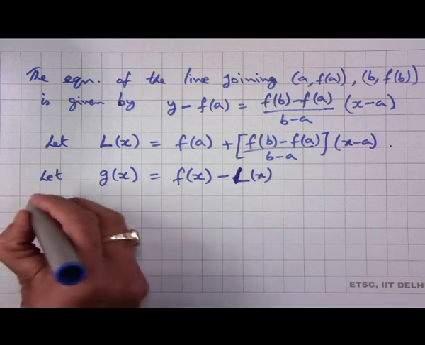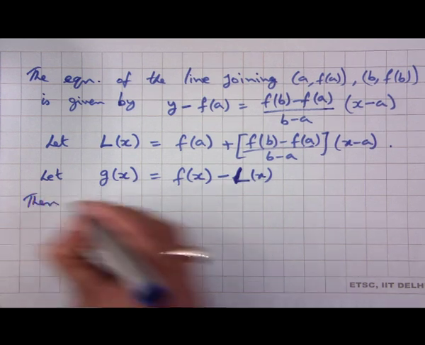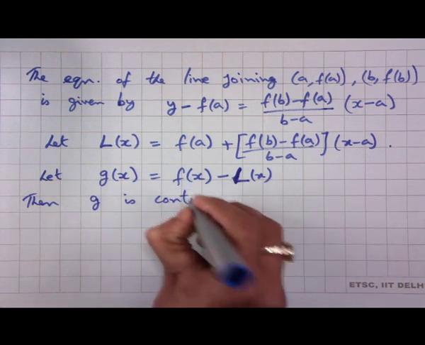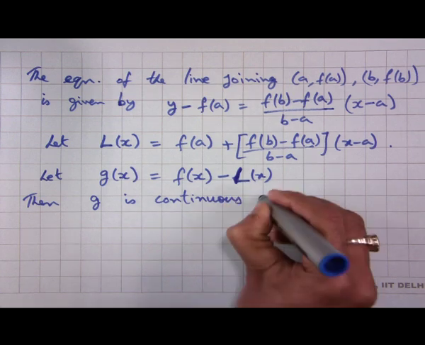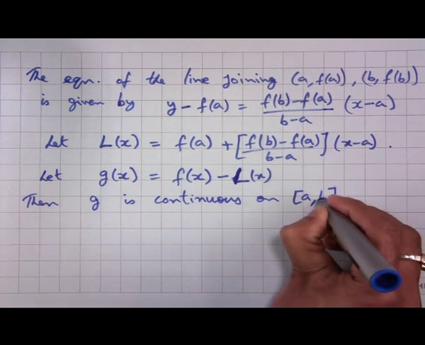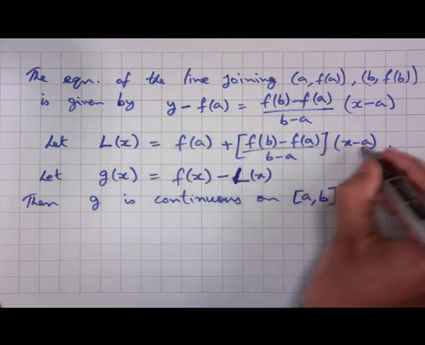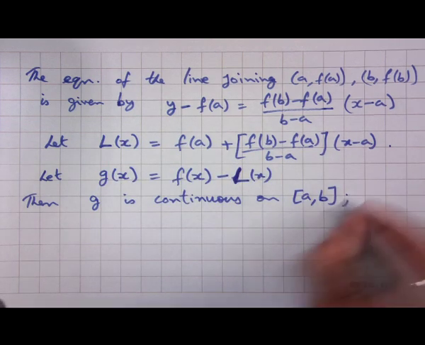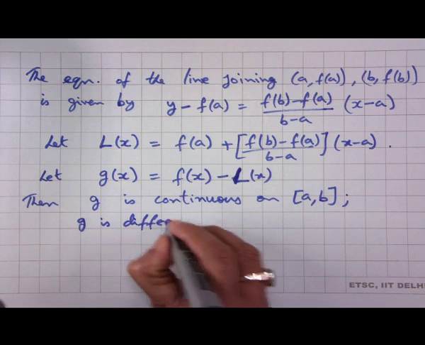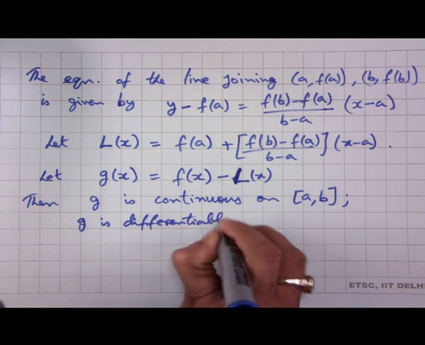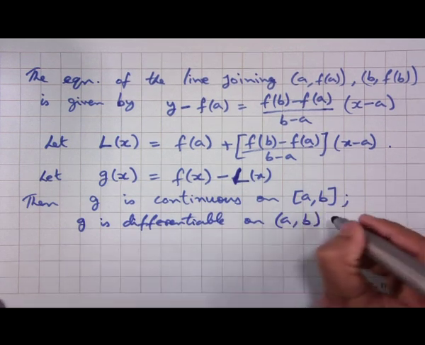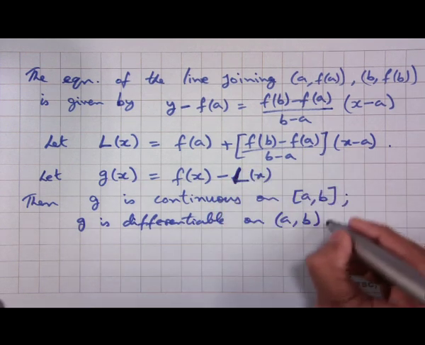Then we have g is continuous on the closed interval [a, b], because f is assumed to be continuous and L of x is continuous everywhere. Also g is differentiable on the open interval (a, b), again because f is assumed to be differentiable and L is differentiable everywhere.